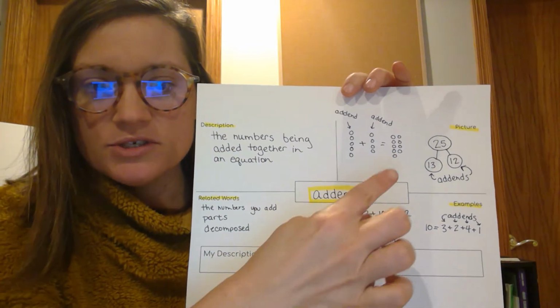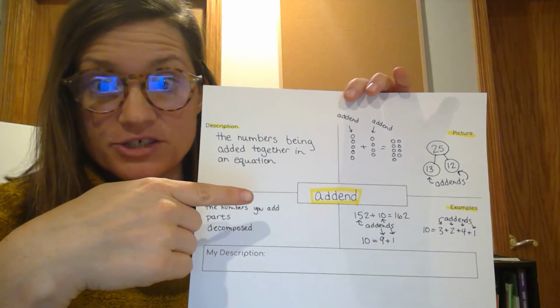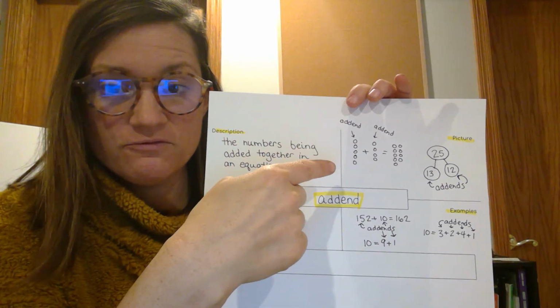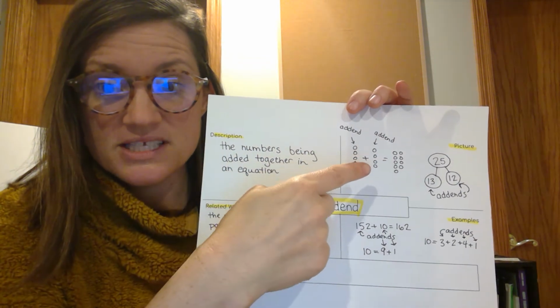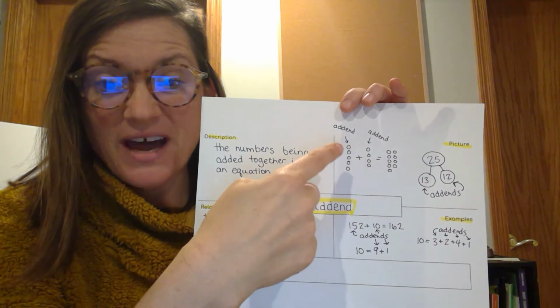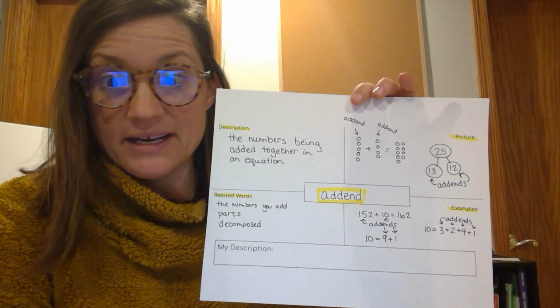Addend. So the description is the numbers being added together in an equation. If I'm adding 5 little pieces of gum plus 4 little pieces of gum, and it's going to equal 9, that 5 pieces and the 4 pieces are my addends. Those are the things I'm adding together.